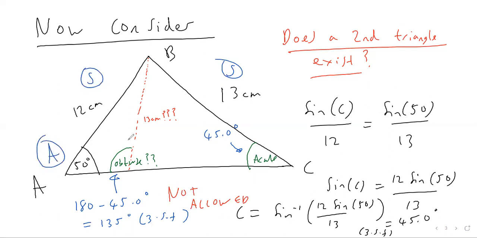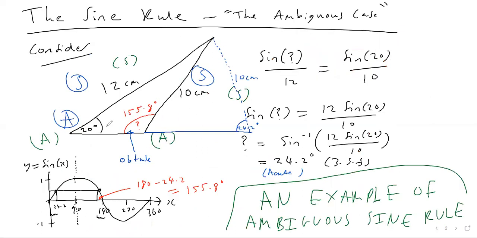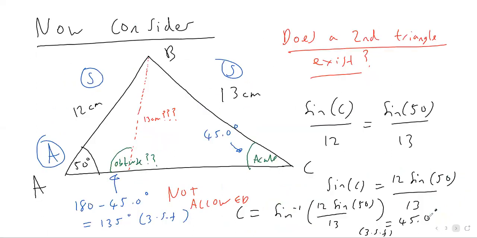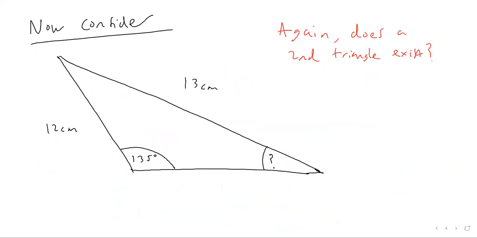But what's different is that the side opposite the 50 degrees here is 13, and that's bigger than the side adjacent to the 50 degrees. Whereas with this one, the side opposite the 20 degrees was 10, which is smaller than the 12 there. So perhaps the opposite side being smaller than the adjacent side has something to do with whether we have two possible triangles.